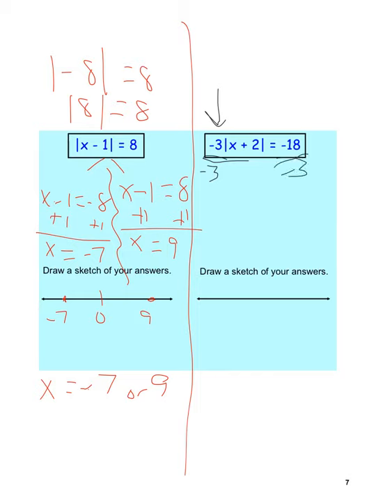So we're going to divide both sides by negative 3. When you do that, what's left on the left side is just the absolute value of x plus 2, because negative 3 divided by negative 3 is just 1. And on the right side, you've got negative 18 over negative 3. So 18 over 3 is 6, and a negative over a negative is a positive, so that is also 6.